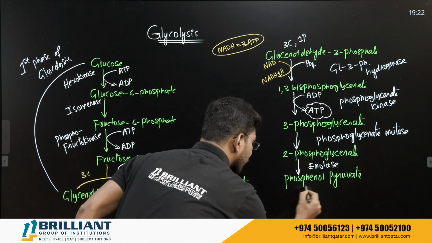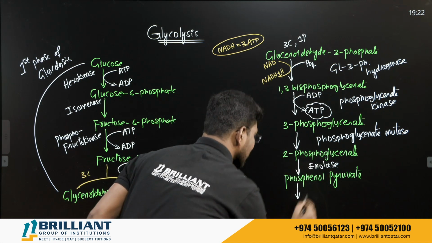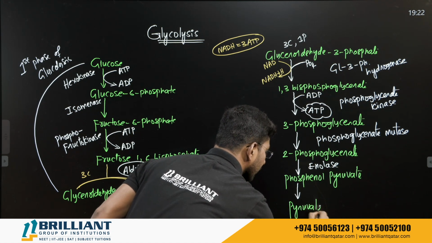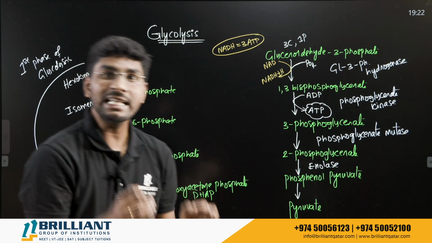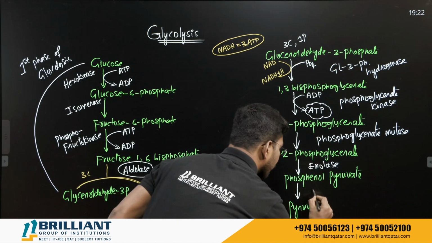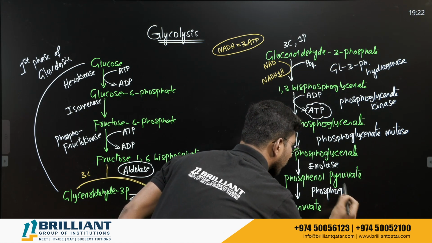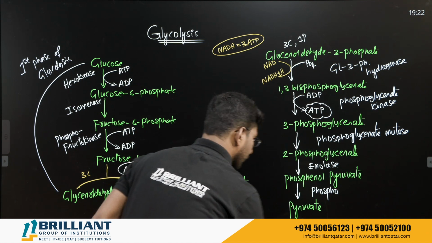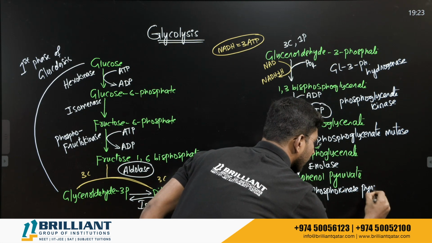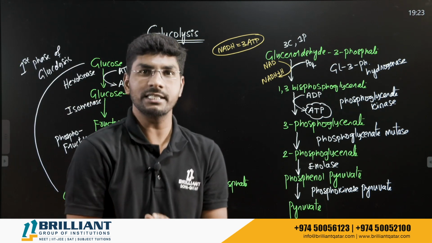Now what happened? This phosphoenol pyruvate finally converts into pyruvic acid or pyruvate. Pyruvate. You got my point? The enzyme name is pyruvate kinase enzyme.